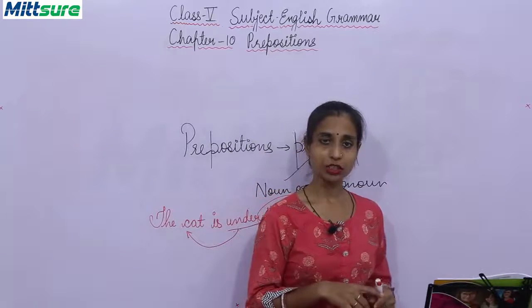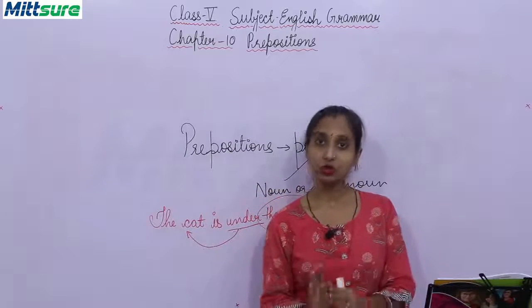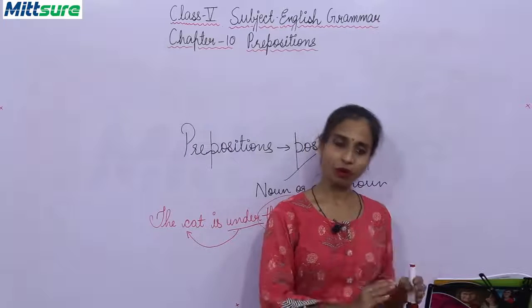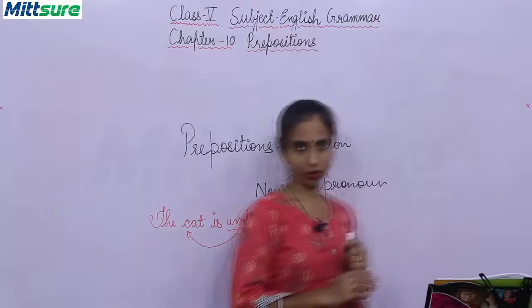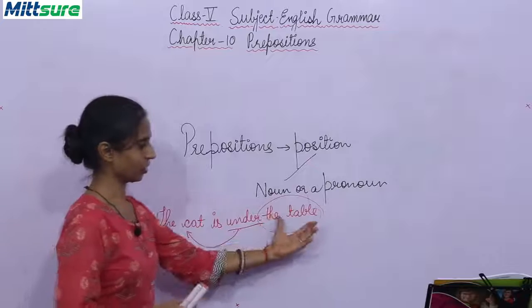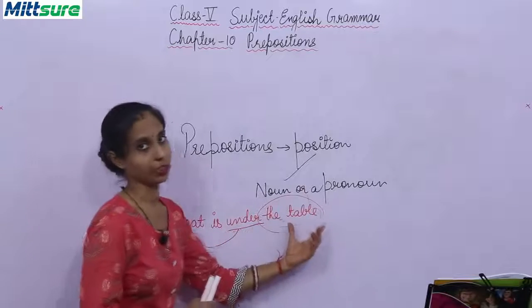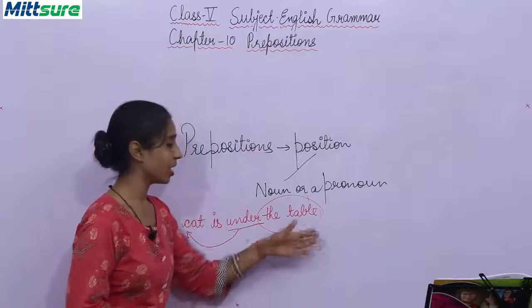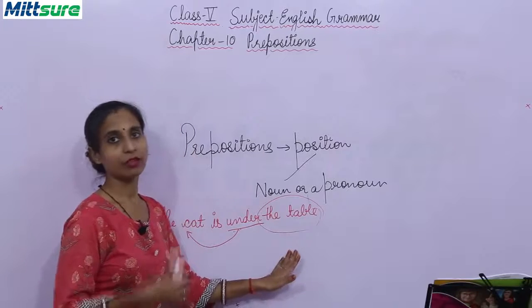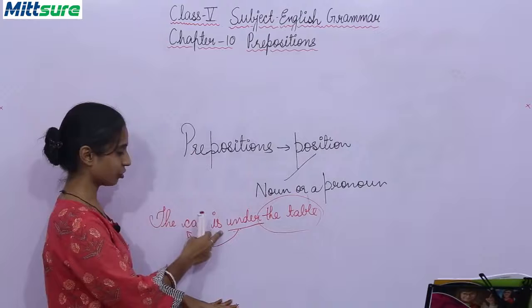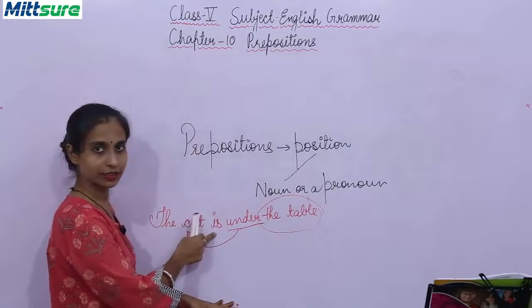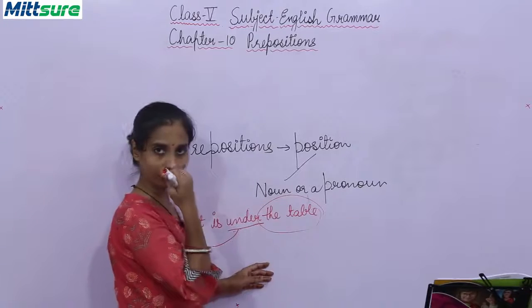A preposition is usually placed before a noun or a pronoun. Before a noun, the table, under the table. Where is the cat? Under the table. It is showing the relation of the cat with the rest of the part.